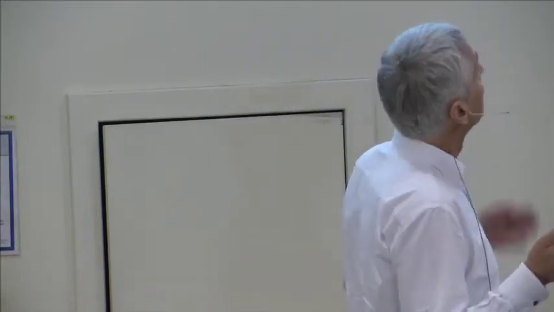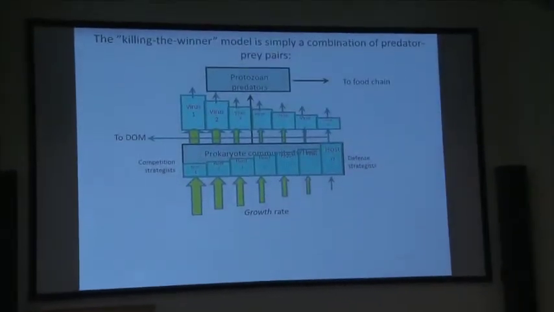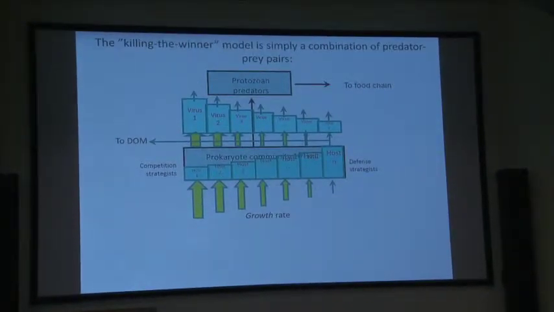The models we have used before, which we have termed killing the winner, are simply a construction where we combine different top-down controls. So this is the predator control, and then if you add viral control, you can have host groups within the prokaryote community, each host group controlled top-down by a virus.